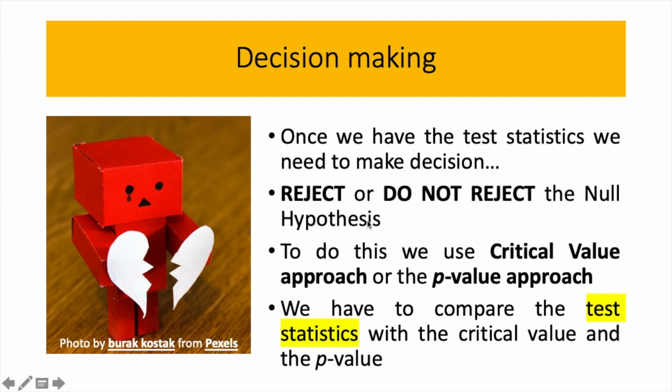You need to compare the test statistic with either the critical value or the p-value in order to decide. We have discussed two tests, sigma known and sigma unknown. We have to compare that test with the critical value or the p-value, or you can even do both in order to decide whether to reject or not reject the null hypothesis.